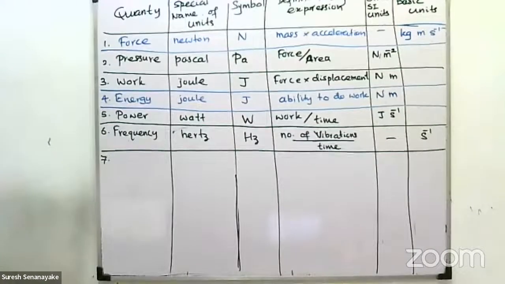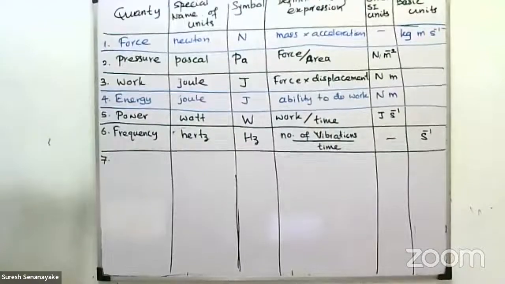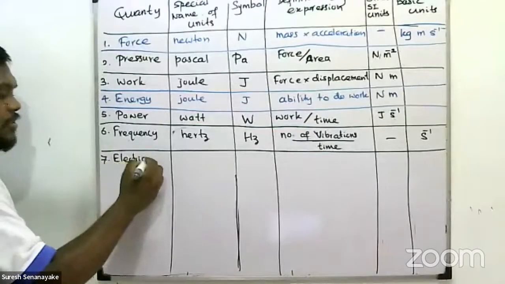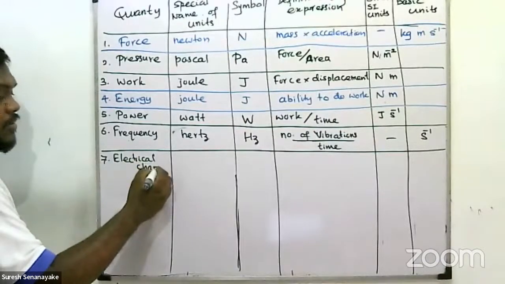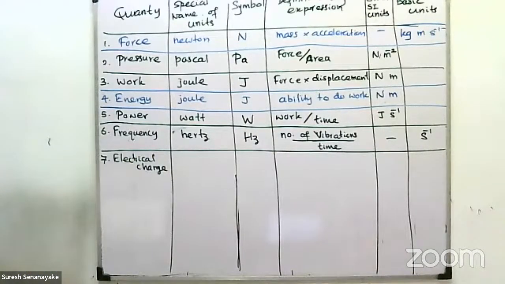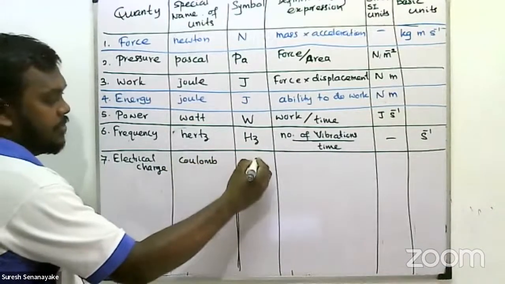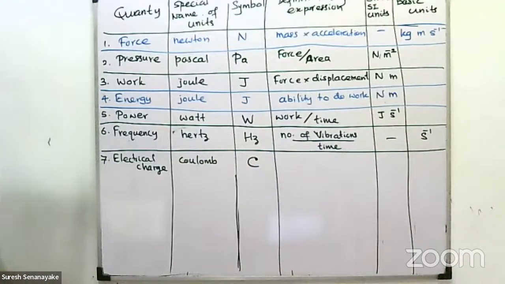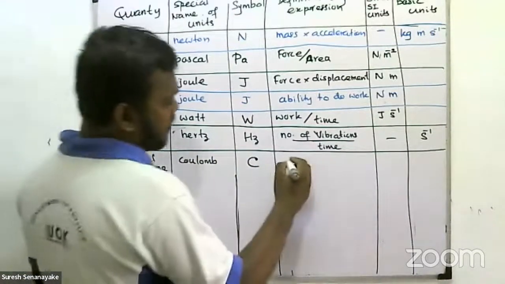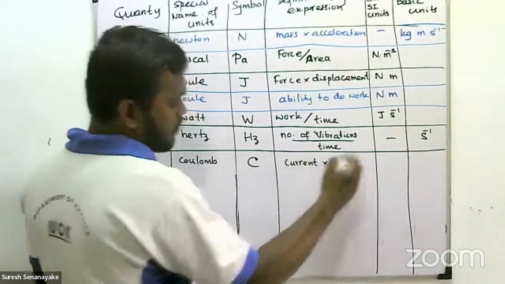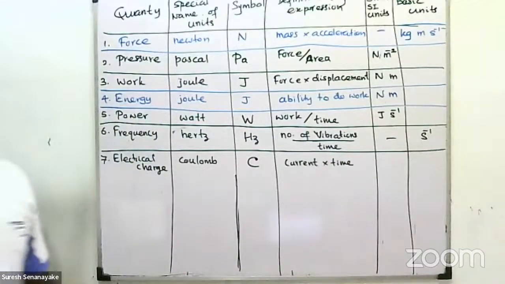Seven. Electrical charge. Special unit is coulomb, capital C. This can be defined as current into time.